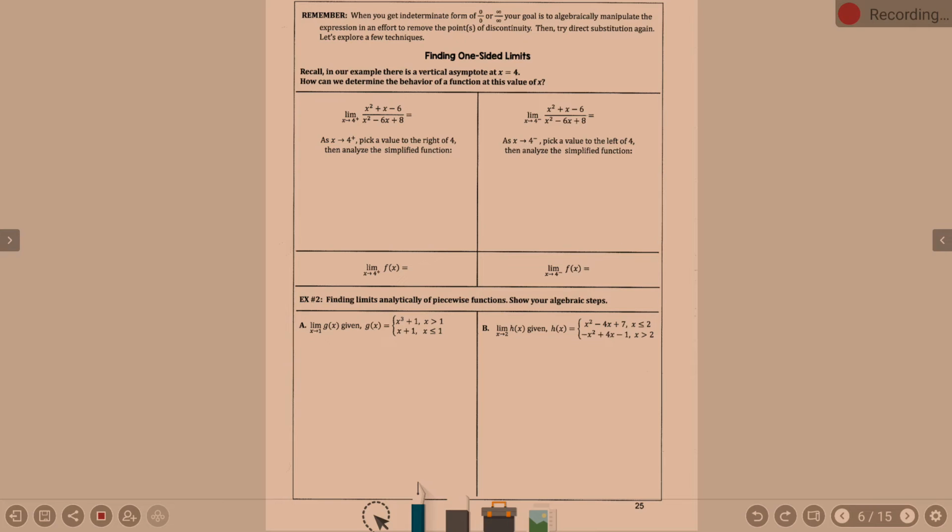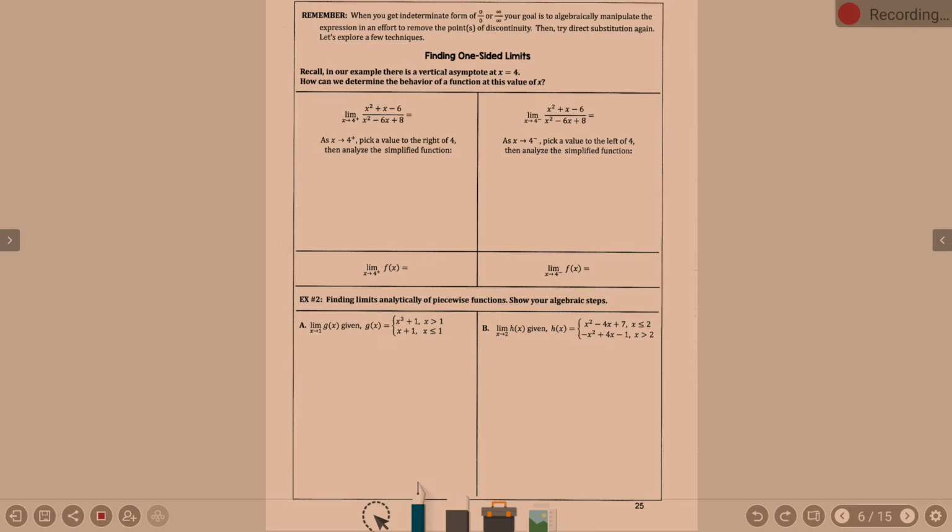So, notice, same equation, yes? Did you catch that? Recall in our example, there is a vertical asymptote at x equals 4. Flip back to the previous page if you don't believe me. How can we determine the behavior of a function at this value of x? And so you'll notice here in the first example, this is as x approaches 4 from the right, yes?